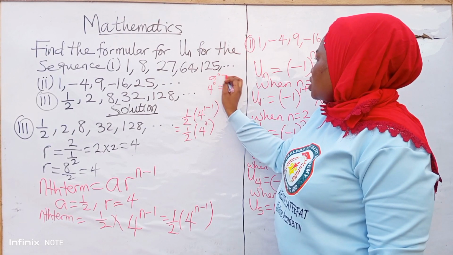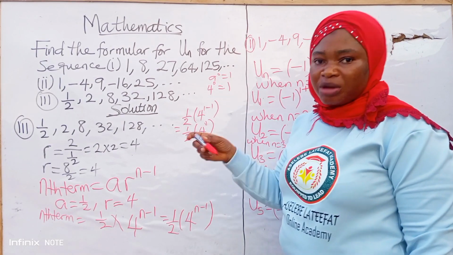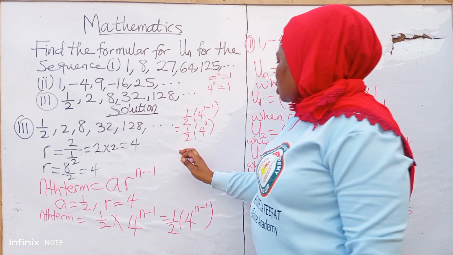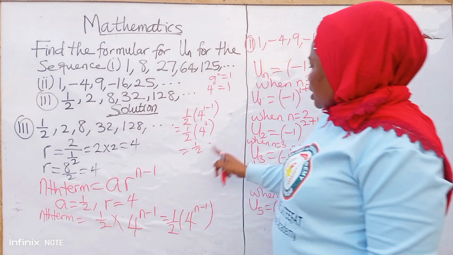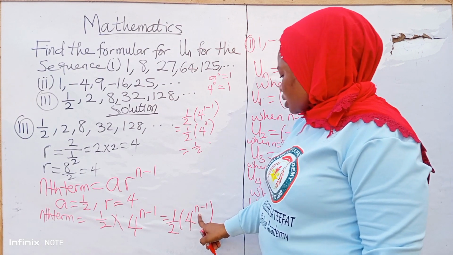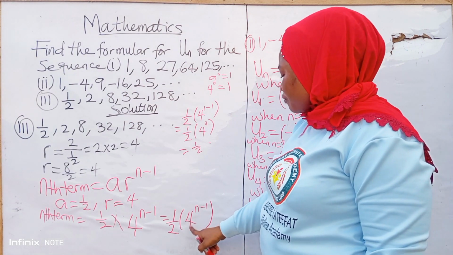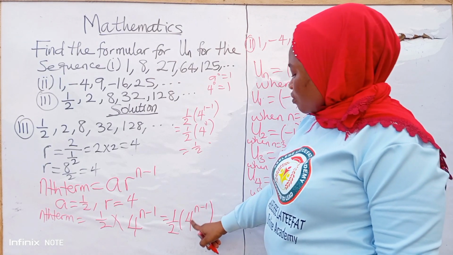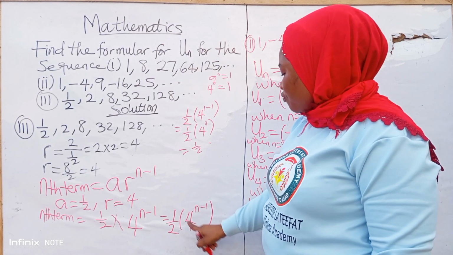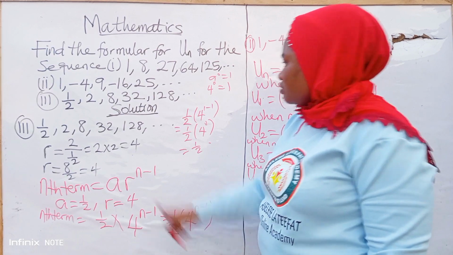So that means I have 1 over 2 for the first one. If n is equal to 2, we have 4 raised to power 2 minus 1, and that is 4 raised to power 1, which is 4. 4 multiplied by 1 over 2 gives me 2.